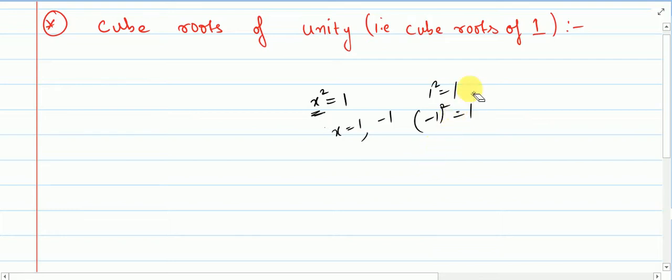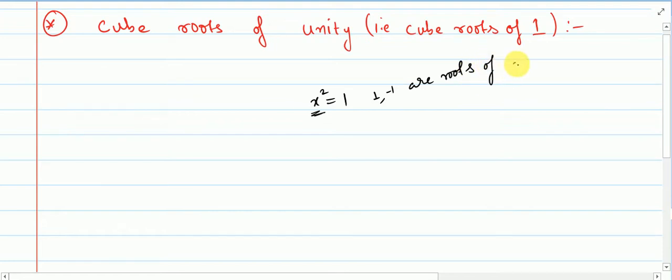Okay, so in that case we say that 1 as well as minus 1 are roots of this. Yes or no? Now suppose I have x cube equal to 1. Since here the power was 2, we got 2 roots.